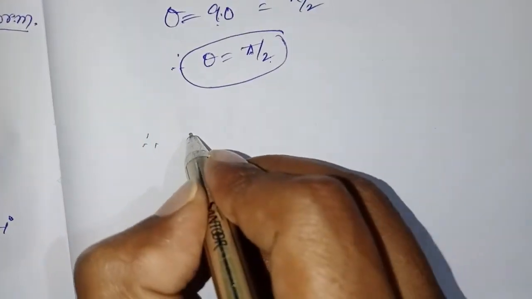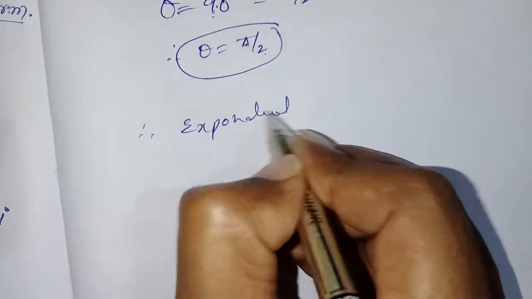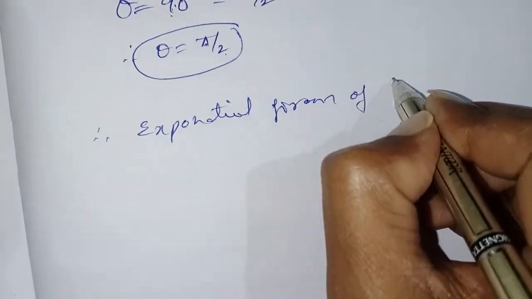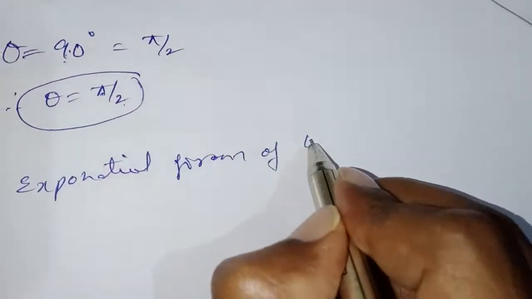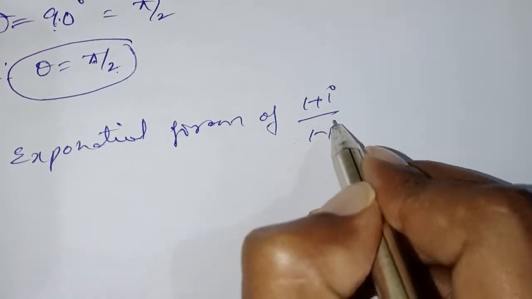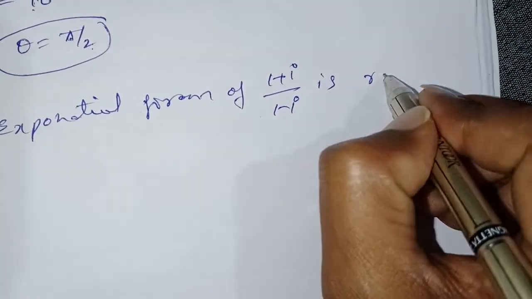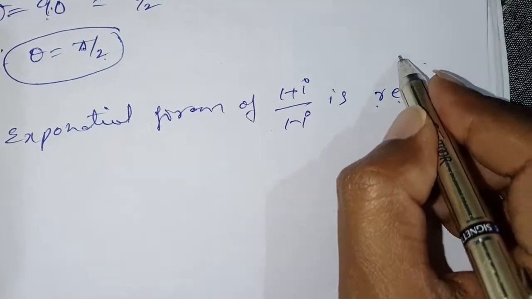Now write the exponential form. The exponential form of the given expression, (1 + i) by (1 − i), is r into e to the power of i theta.